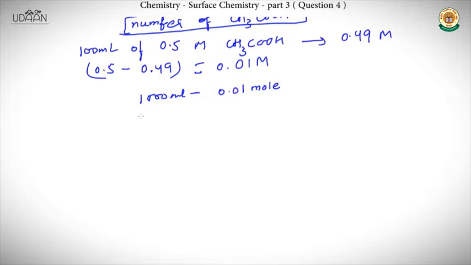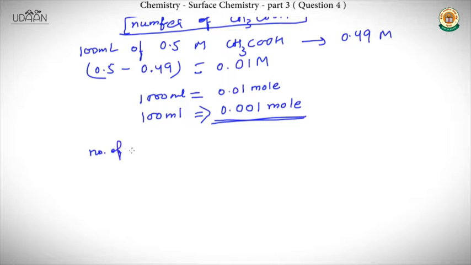Exactly. Now in 100 ml, here I have 100 ml solution. In 100 ml it will be 0.001 mole, right? So now this is the number of moles. Now I can find out the number of molecules. Simply multiply by Avogadro's number, NA into 0.001 molecules.